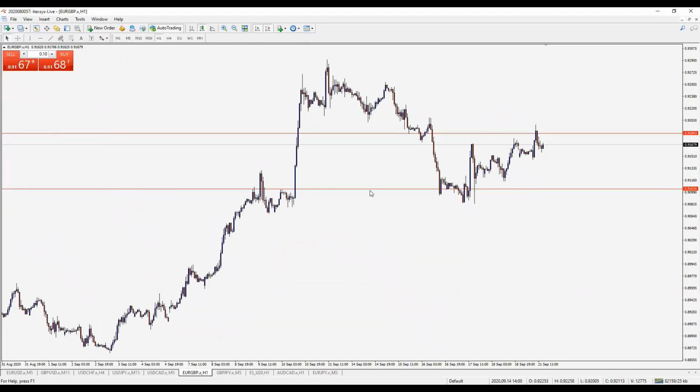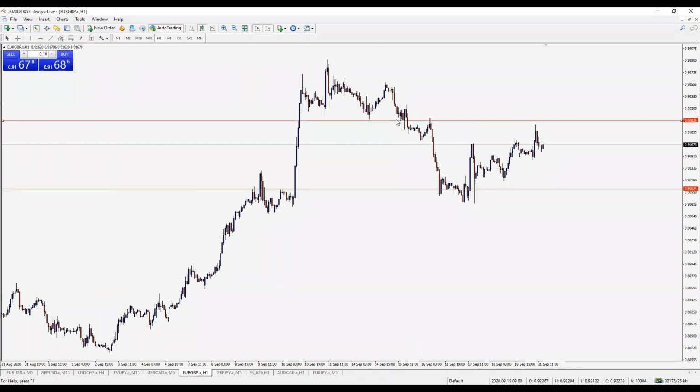Well, in that situation, when the price broke out this resistance here, my conclusion was that if the price broke out this support here, okay, this one, the price is already most likely on its way to reach this demand, because it's the next available demand which can stop the price.